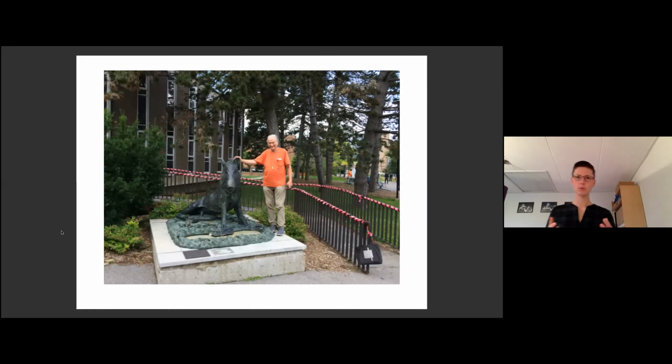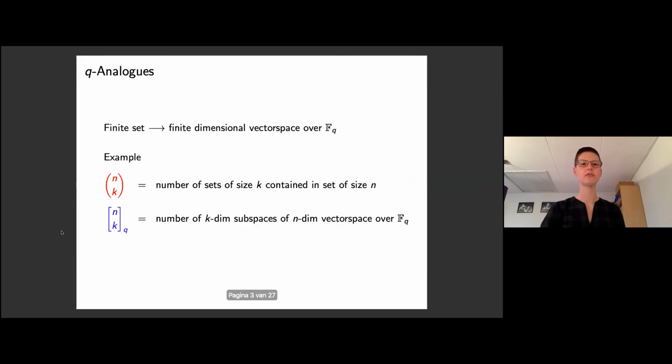So I will start with explaining to you what I mean with a q-analog. There's not really a precise definition, but what you have to keep in mind is that we go from finite sets to finite dimensional vector spaces over a finite field. Everything you do with sets and counting things, you're now going to do in finite spaces.